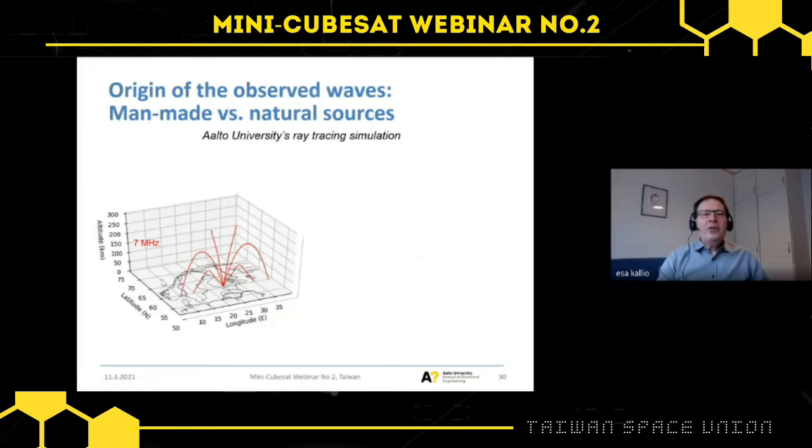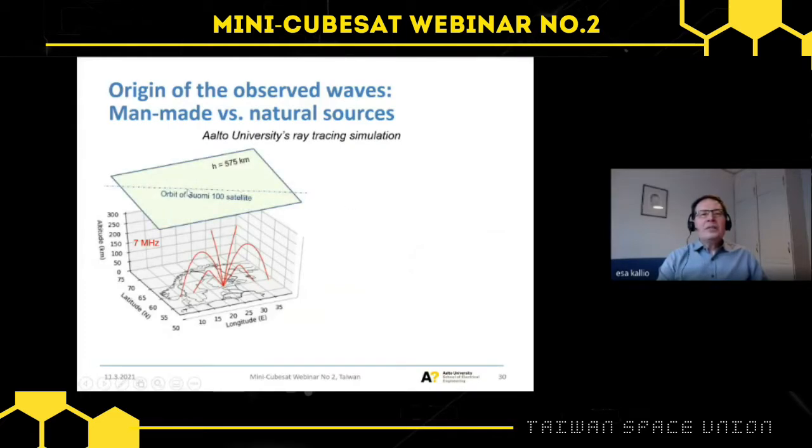And this gives another data analysis tool. When we make this kind of ray tracing simulation, you can see rays transmitted at 7 megahertz from Helsinki. Then our satellite is flying at about 600 kilometers altitude. We are interested in what kind of radio signals we can get at this altitude on this plane.